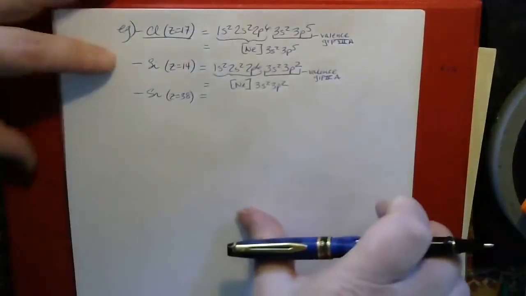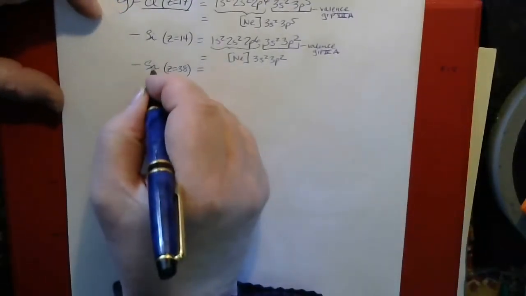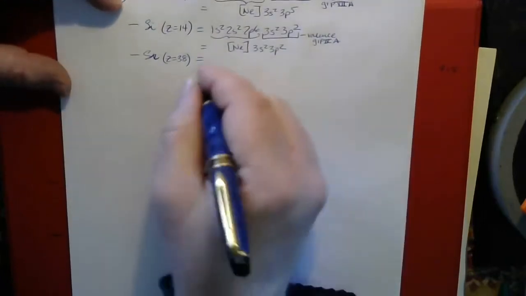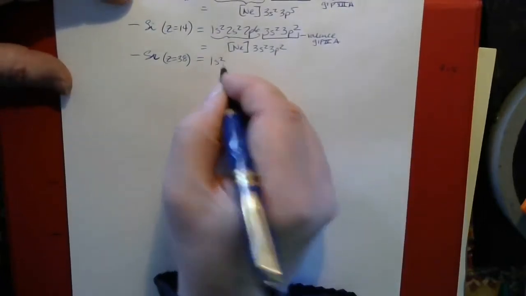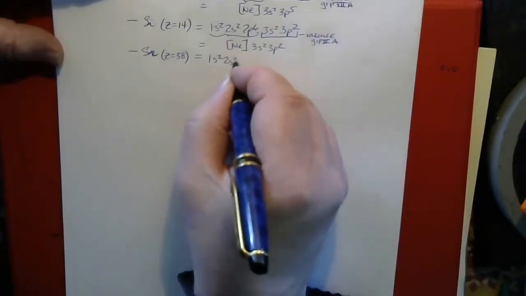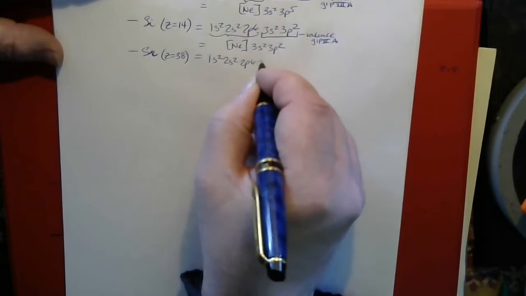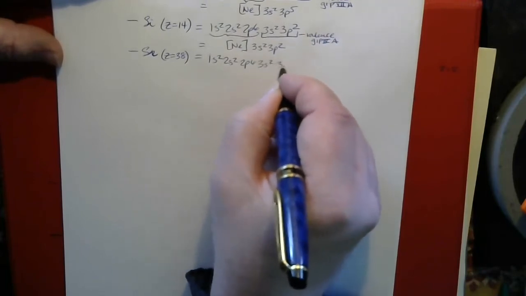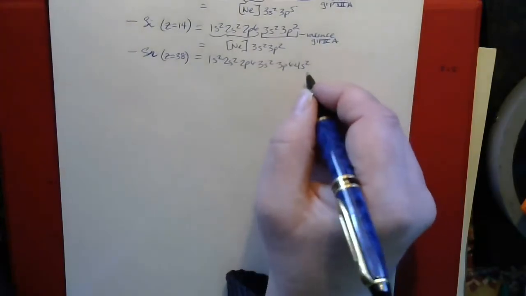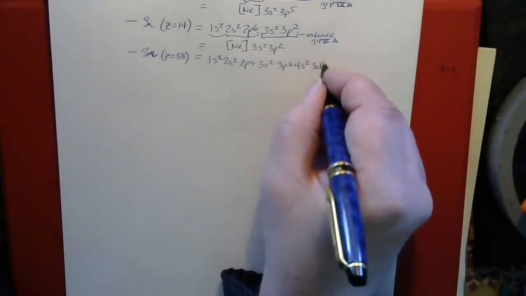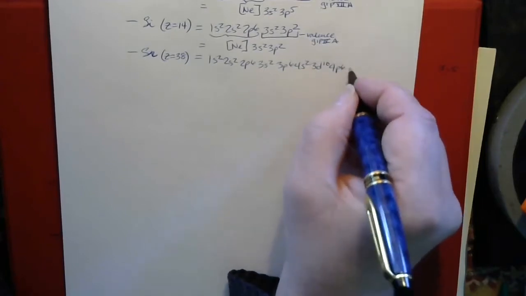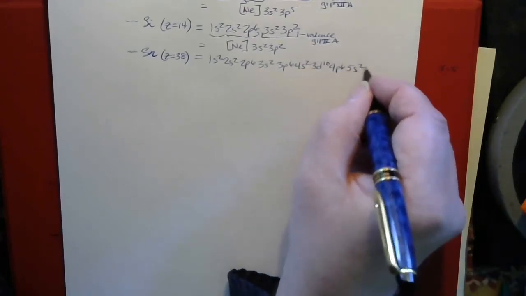The next one is strontium, Sr, and that has an atomic number of 38. So now we're talking some work here. 1s2, 2s2, 2p6, 3s2, 3p6, 4s2, and here's the first anomaly, 3d10, and then 4p6, and 5s2.